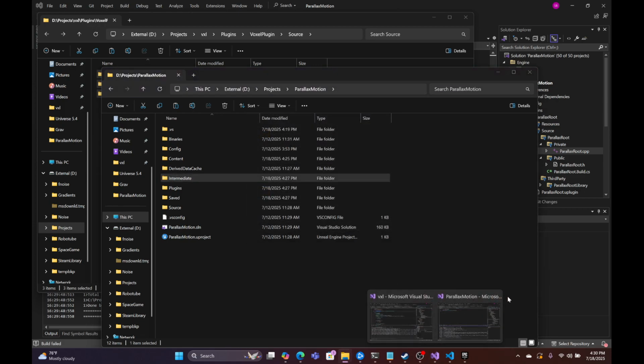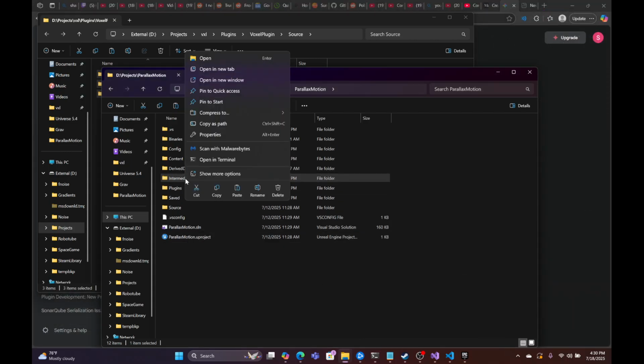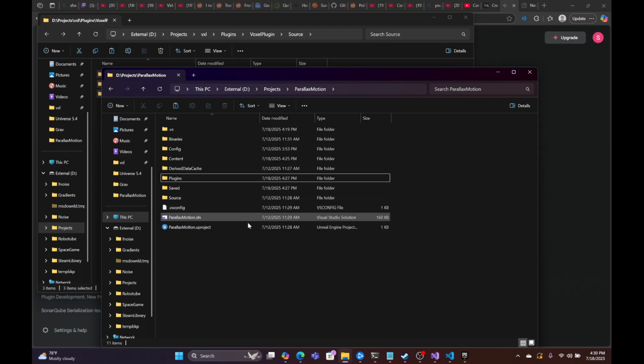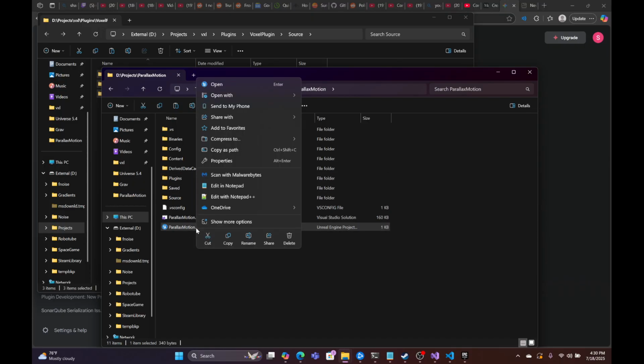I probably can't do it while this is running. Yeah, okay, that makes sense. Drive data cache, and then let's just go ahead and try one more time.